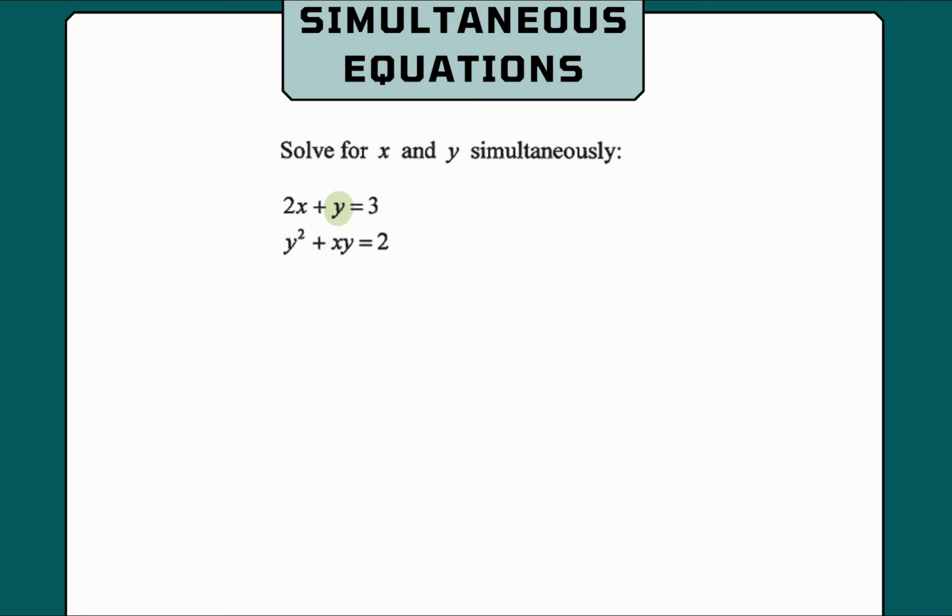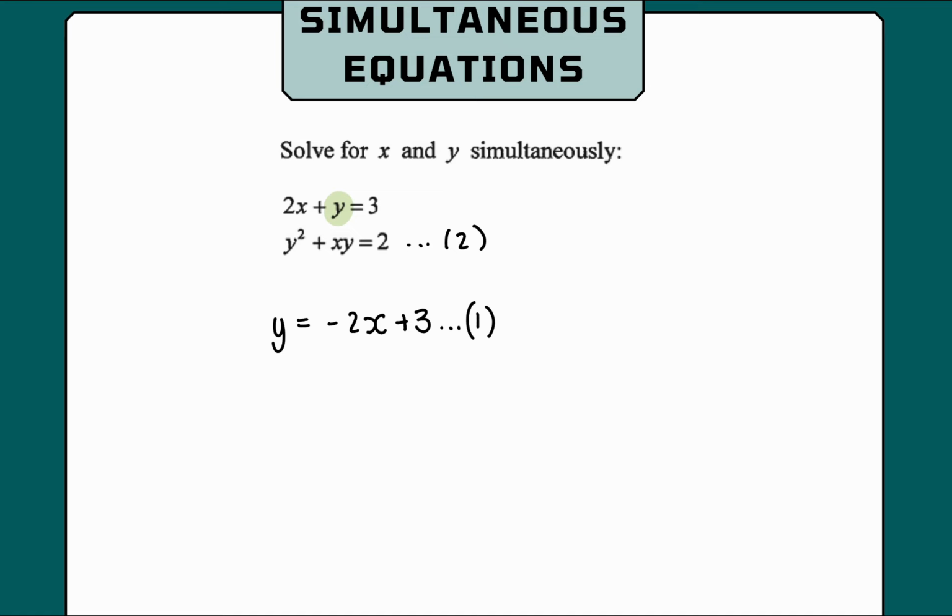All right. So to get y alone, I would have to take the 2x to the other side. And in order to do that, I need to make it a negative. All right. So that would become my first equation. Your second equation is the one that you've made no changes to. So I always just say dot dot 1 and dot dot 2 so that they know my thought process.